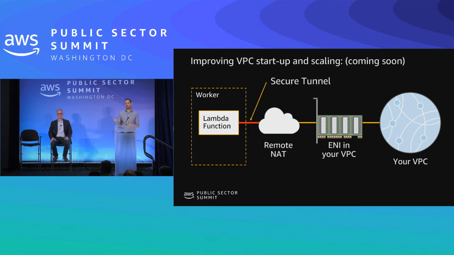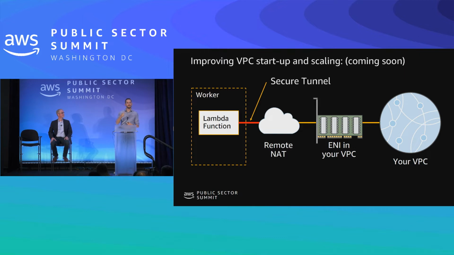So moving forward, we're going to have this concept of essentially a remote NAT that you can pull from, and it's warm, it's living, it's a live ENI that you can bring in and attach to the function. This is an optimization on the AWS side that you'll notice as you are accessing resources within your VPC.